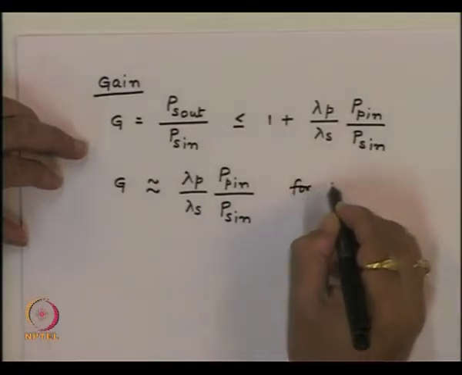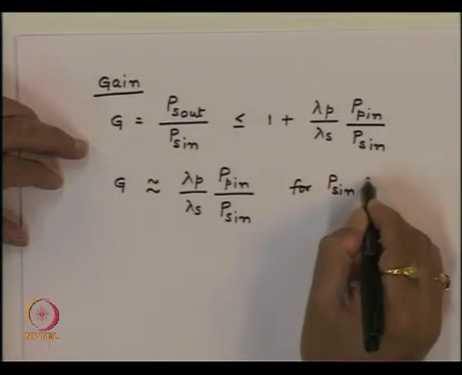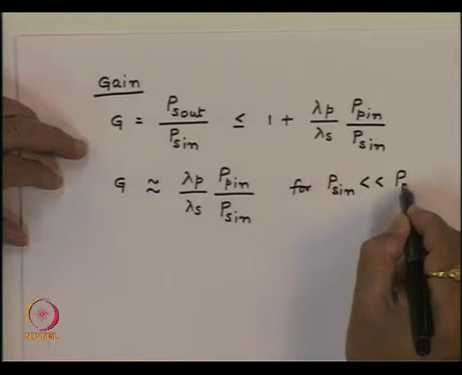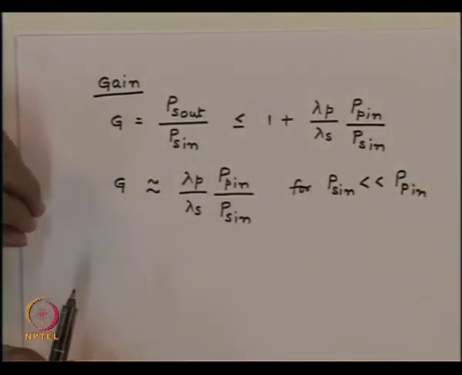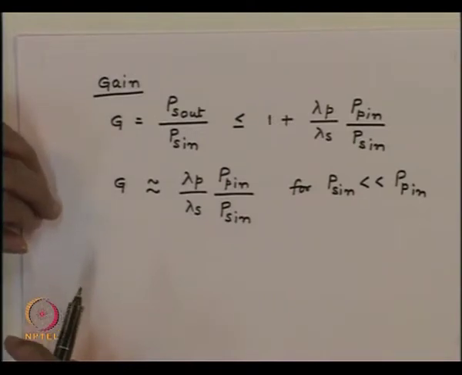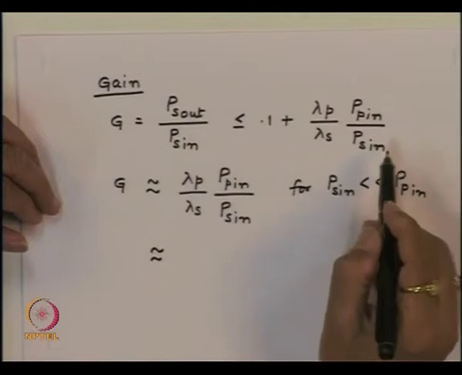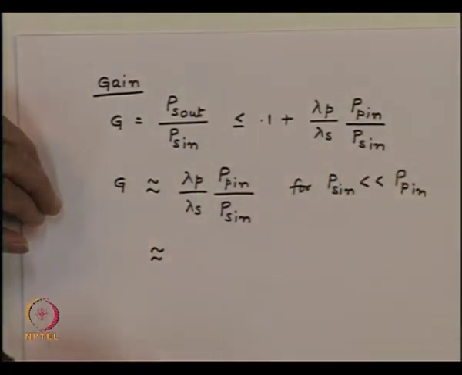for P_S,in much smaller compared to P_pump,in. And this quantity will become approximately this when this quantity becomes larger or comparable to this quantity.